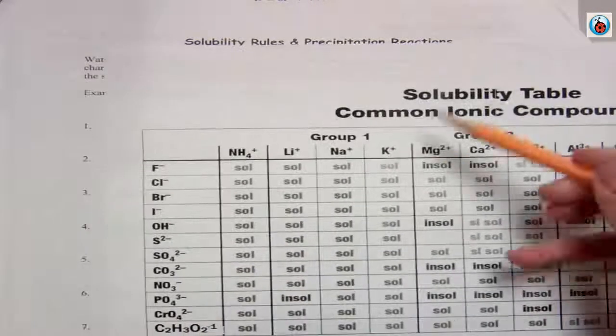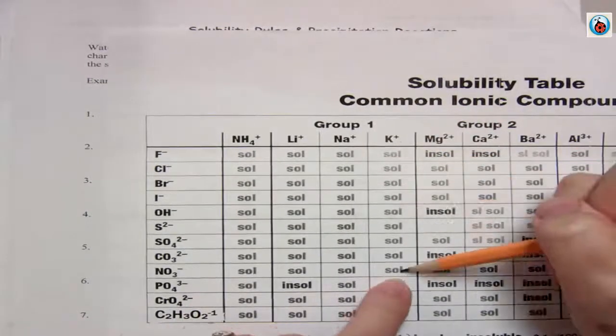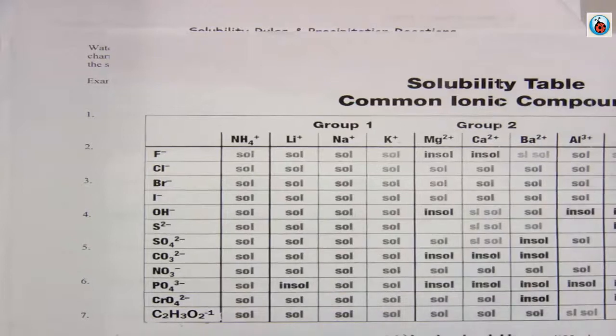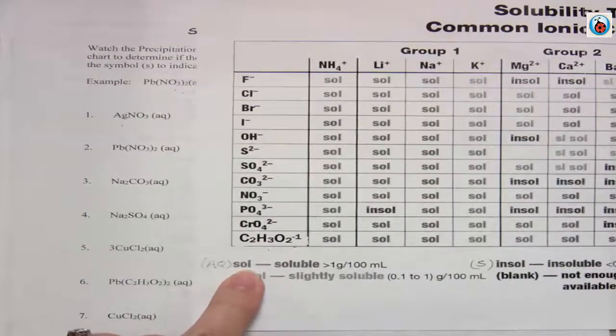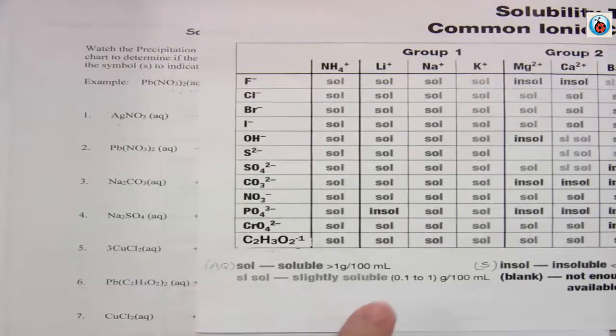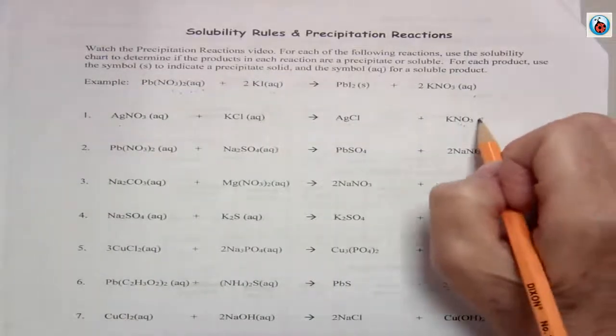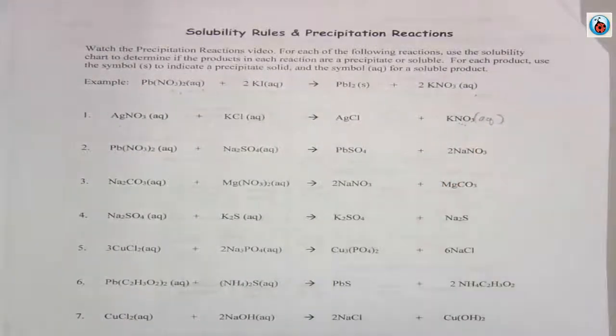We find potassium on our chart, and we go down till we find nitrate, and it says soluble. So if it's soluble, we're going to put the symbol AQ, even if it's slightly soluble, which we'll talk about in a minute. So we're going to put AQ here to indicate that's going to be a liquid.